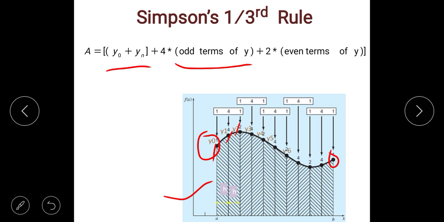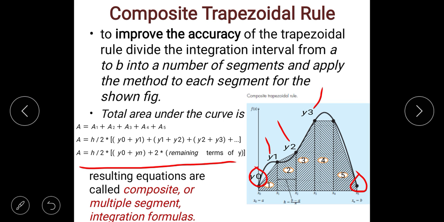It means y1, y3, y5, y7 up to y of n minus 2 are all odd terms, plus 2 into even terms. Another way to remember this formula is 1 4 1, 1 4 1, 1 4 1. Remember the numbers 1, 4 and 1 for Simpson's one-third rule, and for trapezoidal remember 1, 2, 1. It means y0 plus 2 into the remaining terms plus yn. These numbers will help you in double integration.